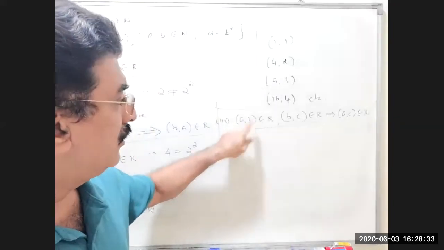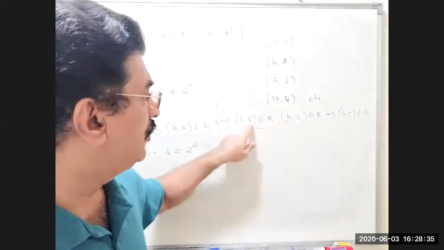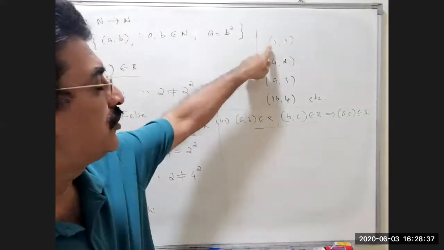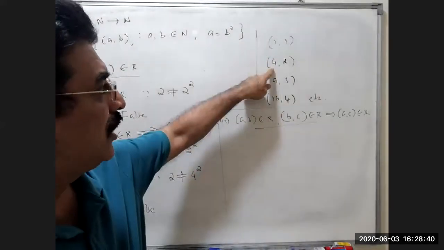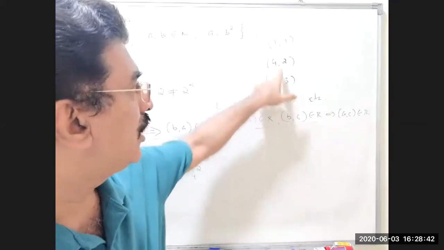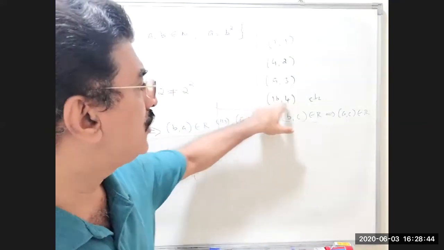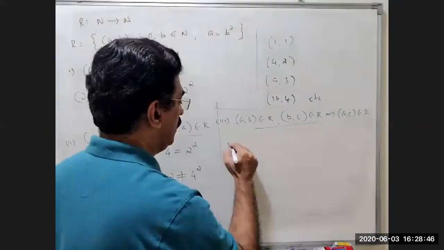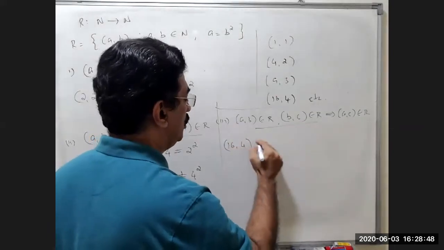First a pair, then the second pair has to start with this one. We cannot start with (1, 1). We cannot start with (4, 2) because the second pair has to start with this number. So we can start with (16, 4). See, (16, 4) belongs to R.